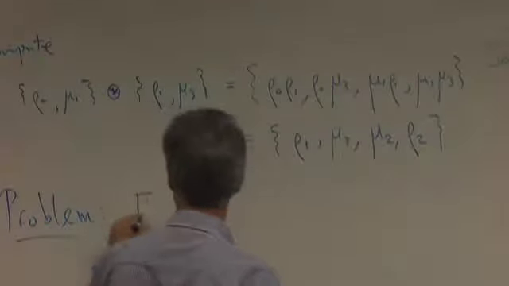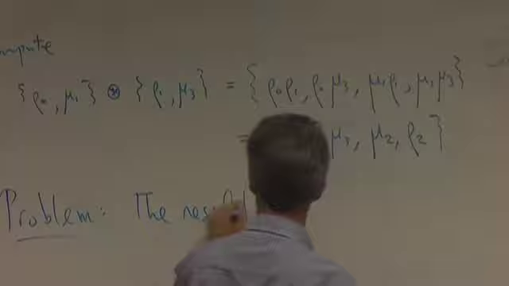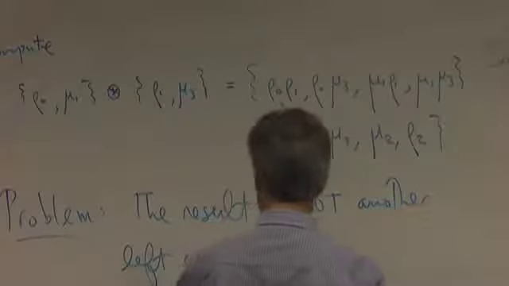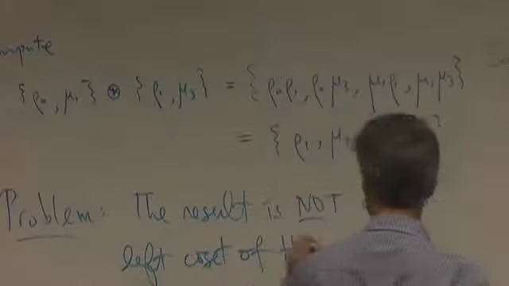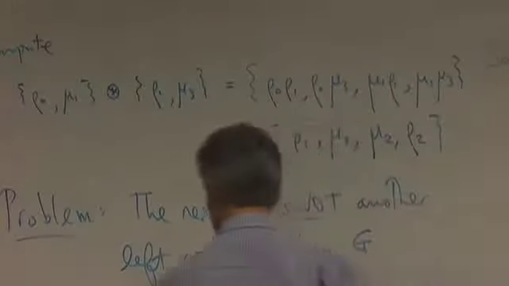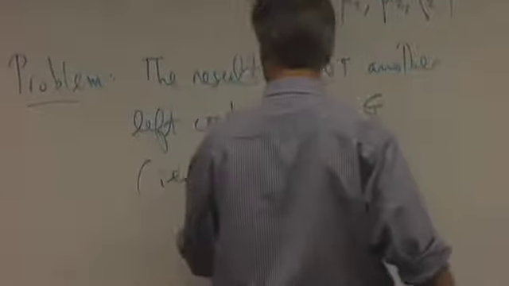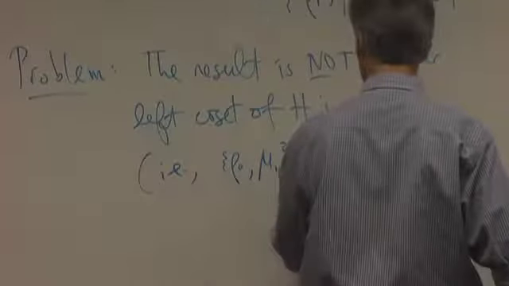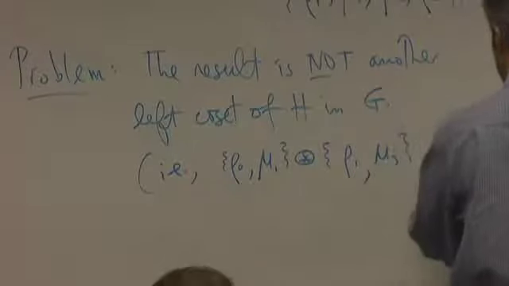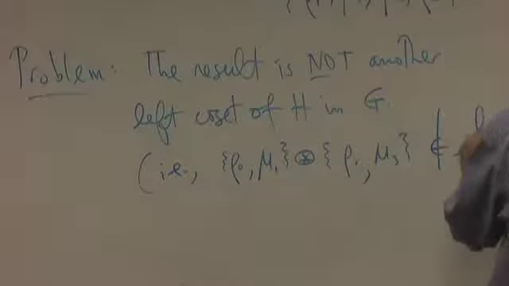The result is not another left coset of H in G. I'll rephrase that in terms of binary operations on a set. When we did rho 0 mu 1 and we started it with the circle operation, or whatever we're calling this thing, rho 1 mu 3, that process did not give us something back in the set we're interested in.